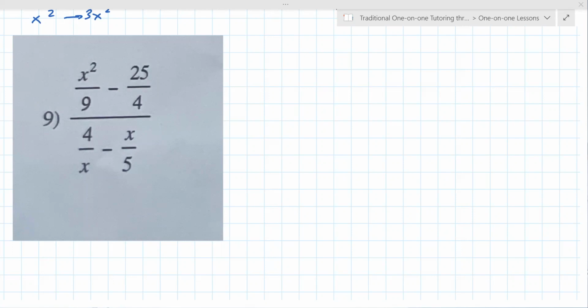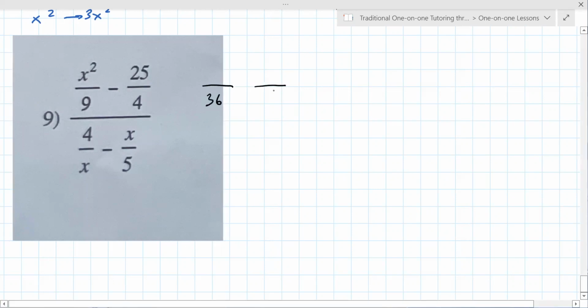You find a common denominator for the numerator, right? Yes, and it would be, I'll help out here, it's 36.